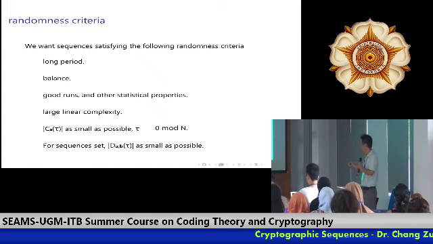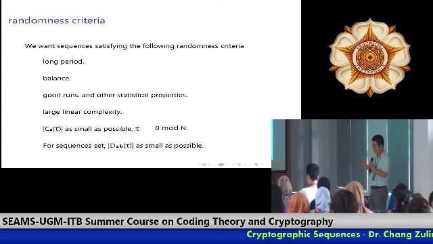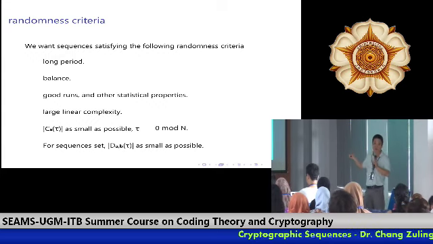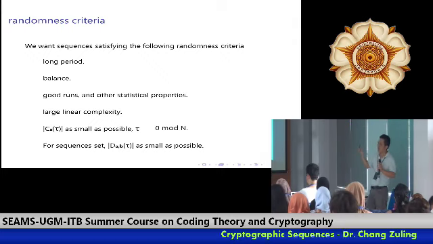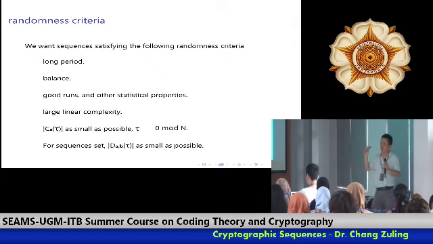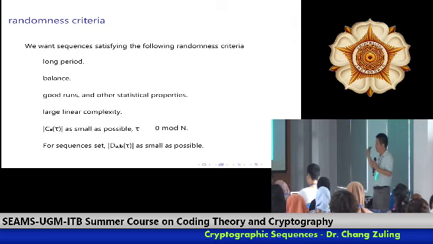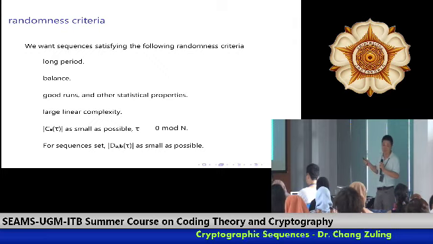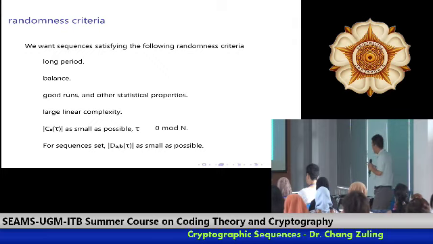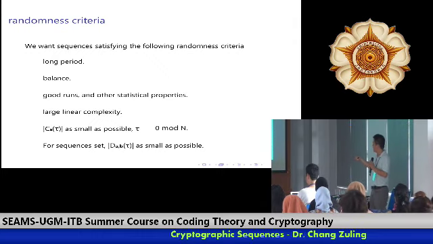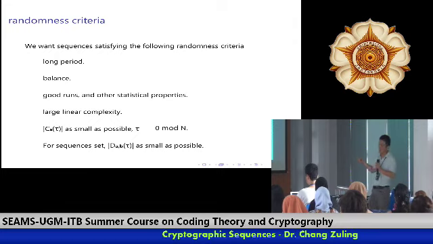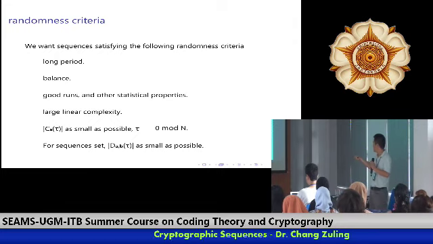The first one is long period. The longer, the better. Another one is balance: the number of zeros and the number of ones will be the same or nearly the same. Another one is good runs and other statistical properties.